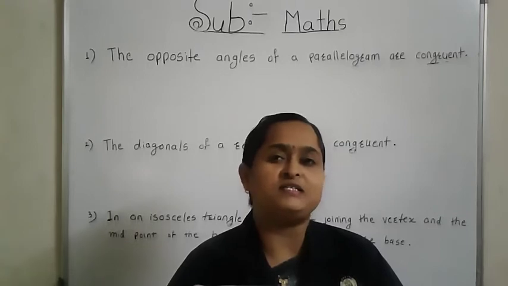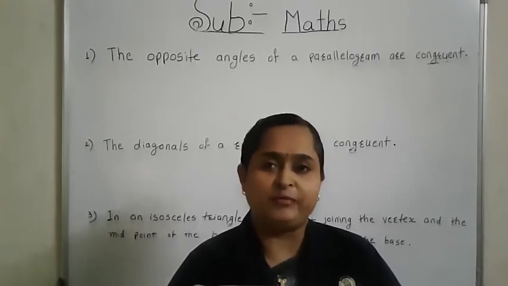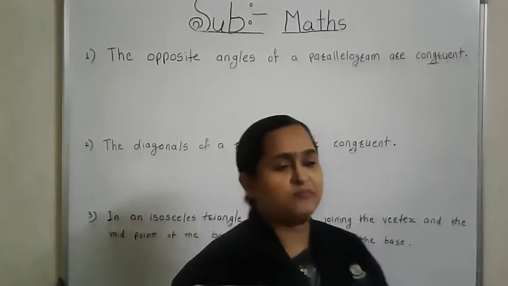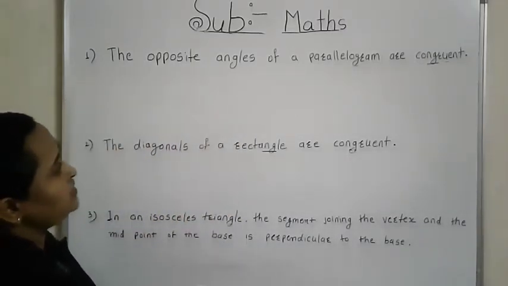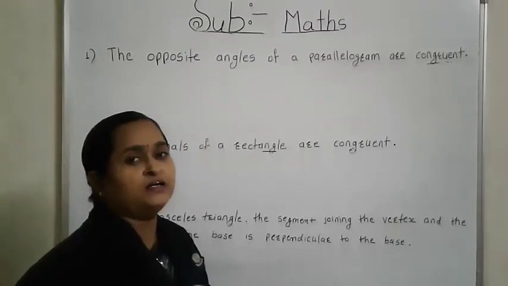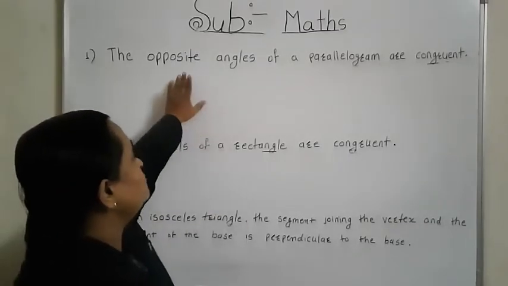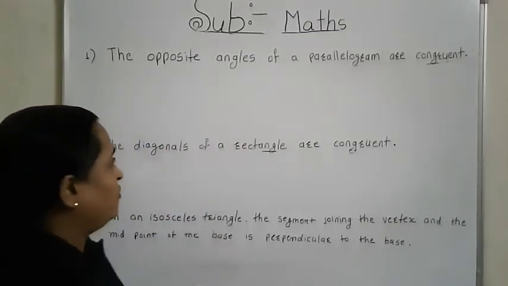Now question number 1 is write the following statements in if-then form. Now let's see examples. Now first example is given in that the opposite angles of a parallelogram are congruent. Now we have to write down this statement in if-then form.